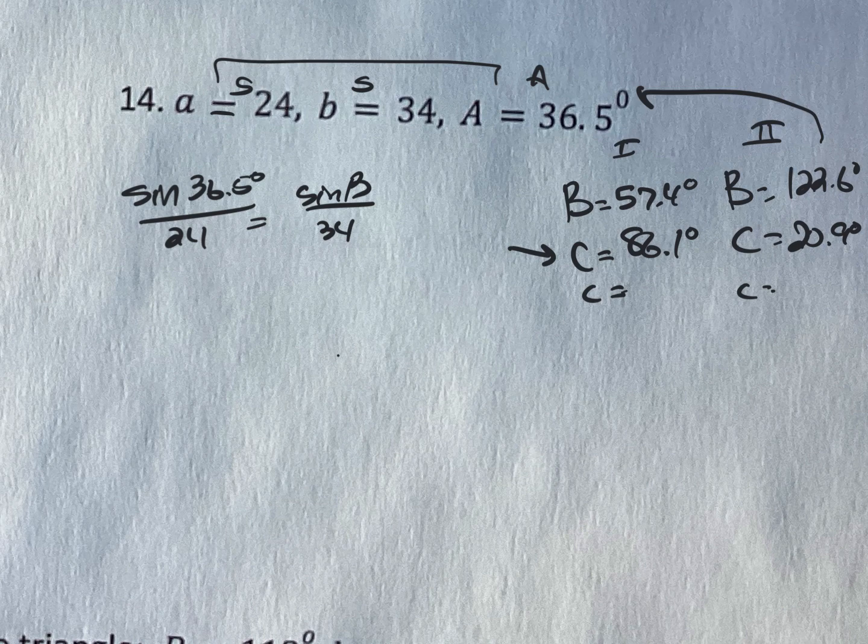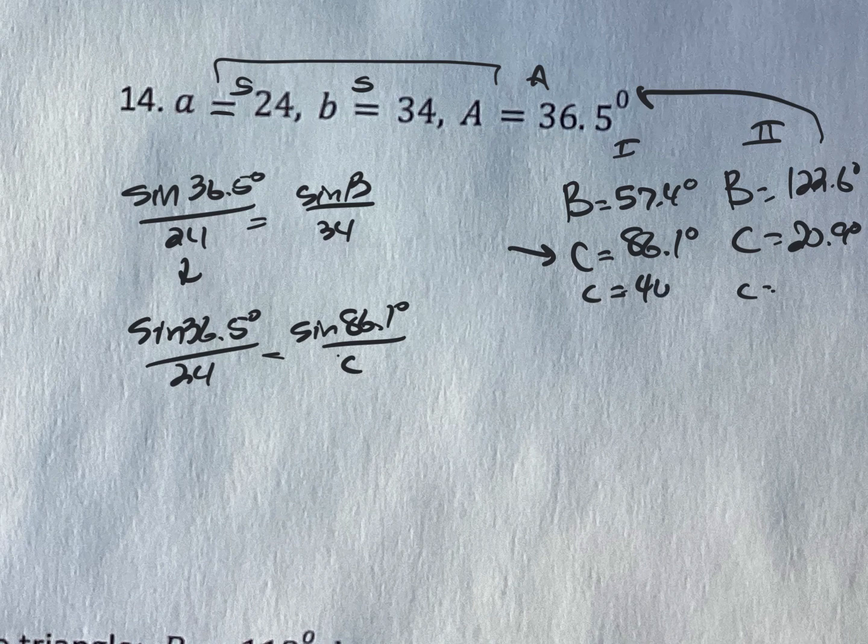So your job to finish is to find both little c's. I'm using that same thing over and over again. Sine 36.5 degrees over 24 equals sine of big C, in this case 86.1, over little c. I'm gonna punch that in real quick. 24 times sine 86.1 divided by sine 36.5.